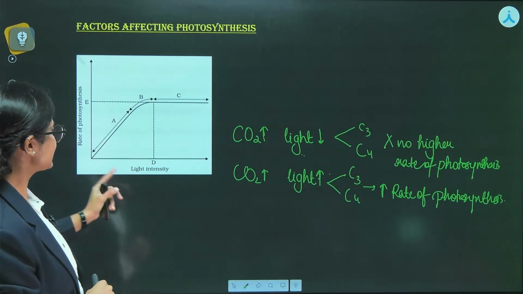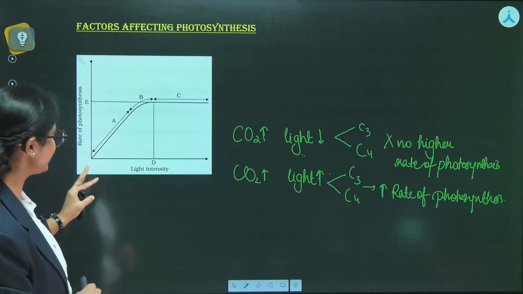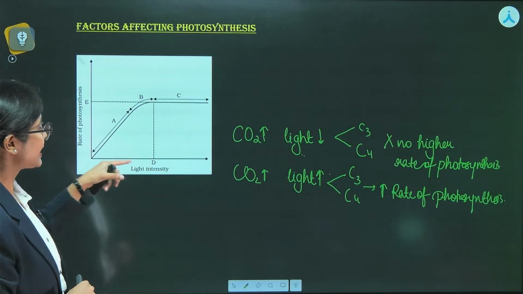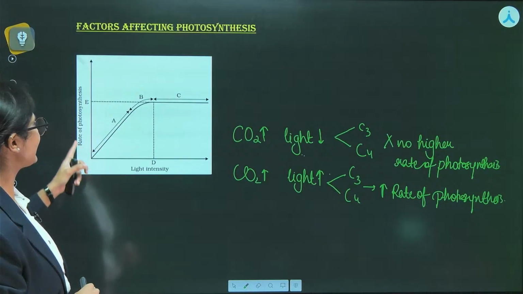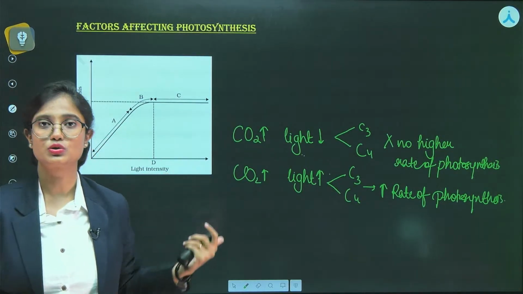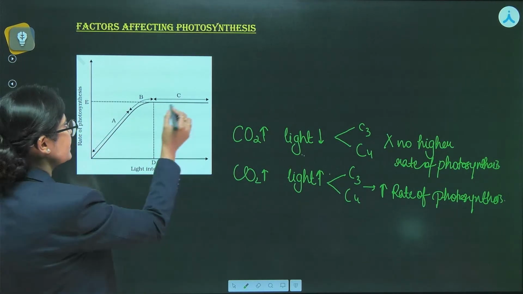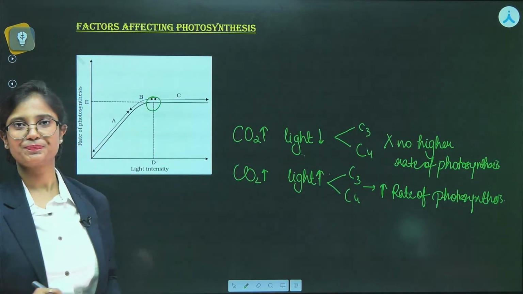So likewise, light intensity. Now in the graph we see that as we increase the light intensity, the rate of photosynthesis is also increasing, but up to a certain limit.